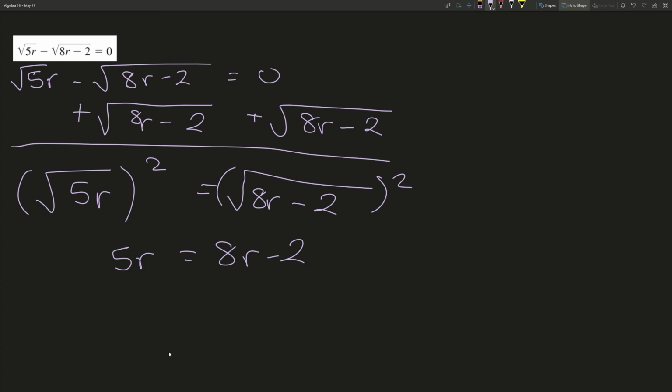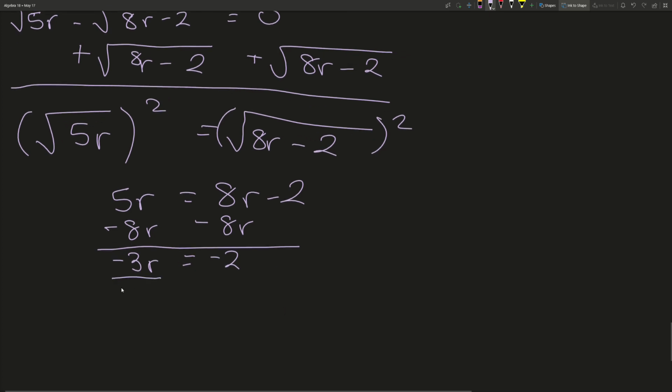What do you think the next step might be then? We need to get rid of all the little numbers over here now. So we need to isolate r by itself. So we need to get rid of 8, 5, and negative 2 and try to isolate the variable. So let's go ahead and move 8r to the left side. So let's subtract 8r, right? Since this is positive 8r, we're going to subtract 8r. 5r minus 8r is negative 3r, equals negative 2.